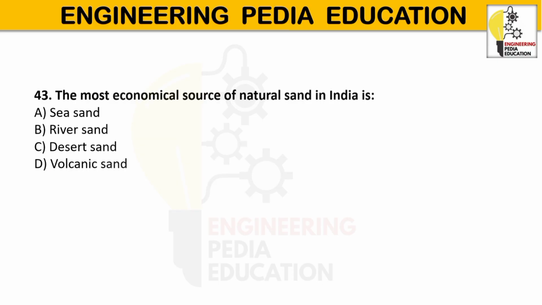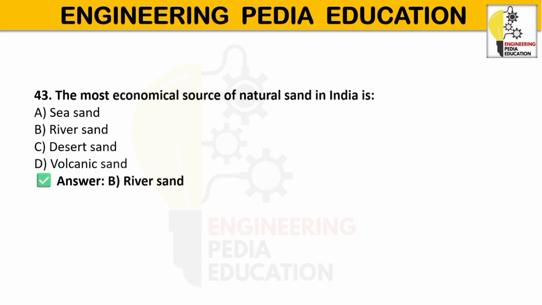The most economical source of natural sand in India is sea sand, river sand, desert sand, volcanic sand. So the correct answer is river sand. River sand is a natural fine aggregate obtained from riverbed and riverbank.